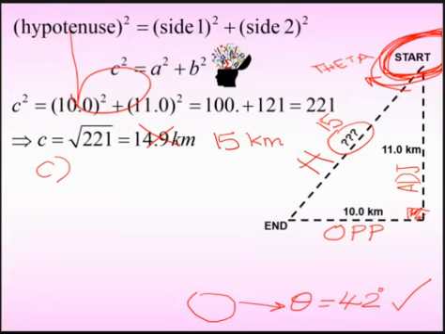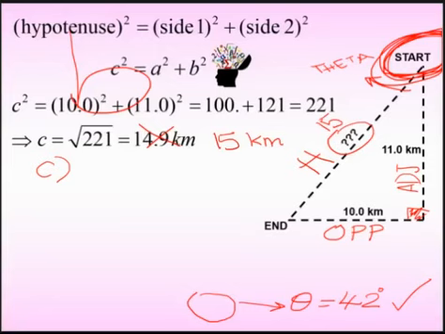And toa stands for tangent, opposite, and adjacent. My question to you is, everyone, technically now, do I know this guy? So if you really think about it, I can use sine, I can use cosine, and I can use tangent.